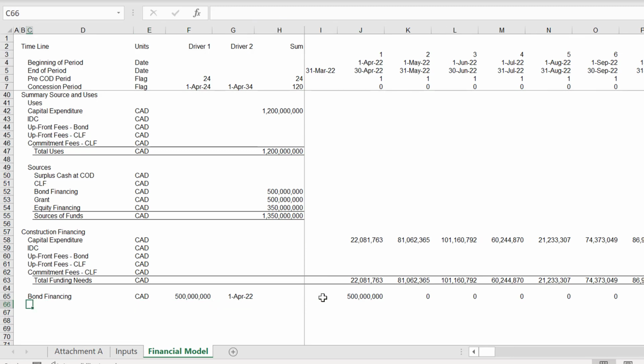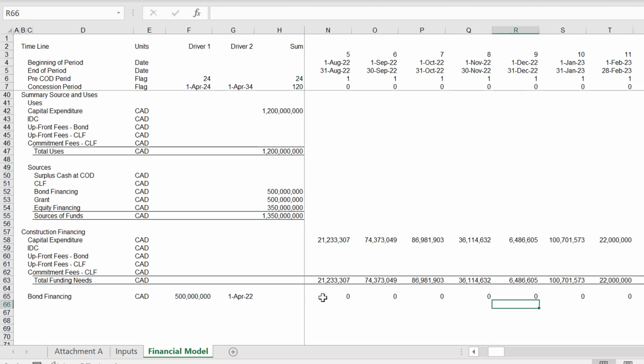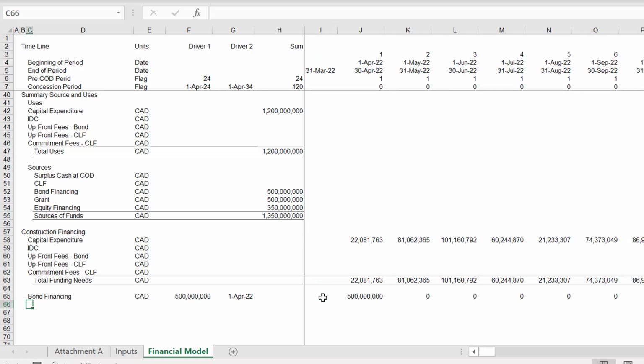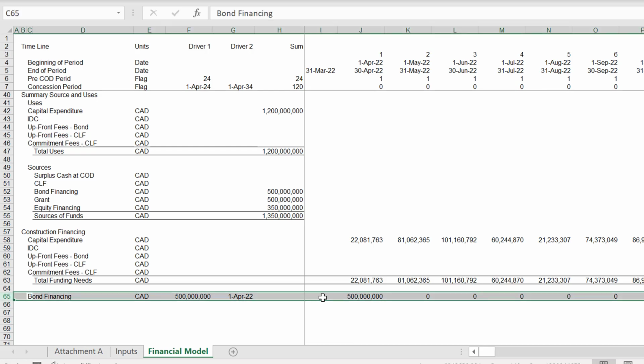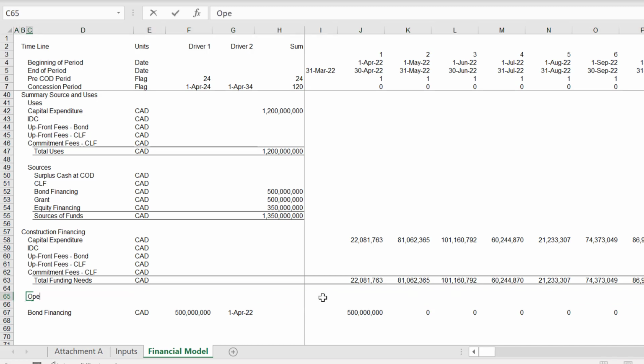Now the question is, we're going to run out of this bond financing, and maybe what we need to do, and I'm just thinking through this, we'll put our opening cash balance. And then up here, let me see if this will really work.